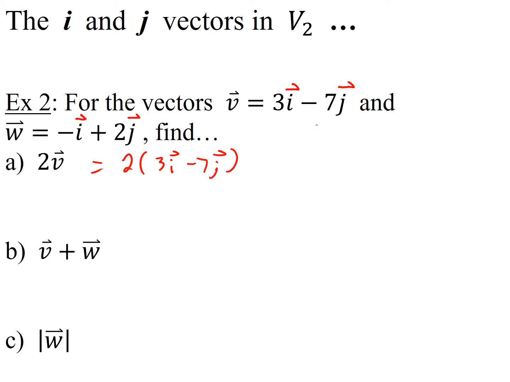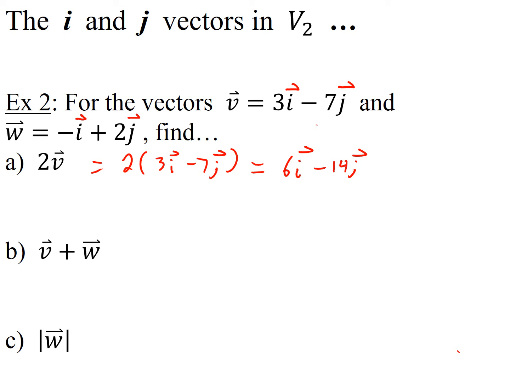You just multiply through by the 2. If you write it in this form, it's kind of like just doing algebra. You just use the distributive property, you multiply the 2 through. And so, not much to say here. You're going to get 6i minus 14j if you just distribute the 2. If you wanted to write it with angle brackets, I'm not going to. It would be 6, -14, but we'll write it this way. It's the exact same thing.